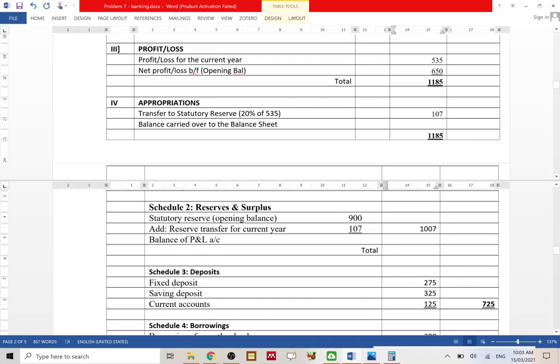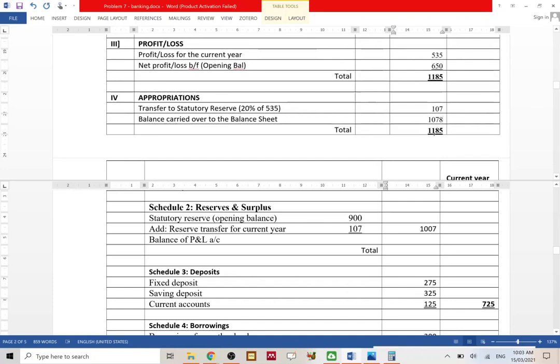You write them again over here. Out of this 1185, we are saying 107 is transferred to the statutory reserve. So what is the balance remaining to carry forward to the balance sheet? 1078, right? And this will also come here as 1078. Done.